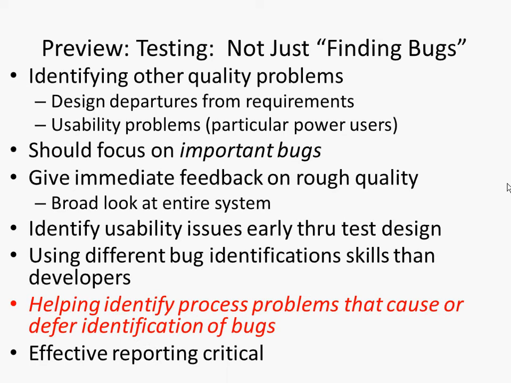And it can help, and this is critical, it relates to one of the most important principles that comes out of this class. Testing can help you identify process problems that have contributed to or deferred identification of bugs. It can help get you to the point where you can discover ways to improve your processes within your project.